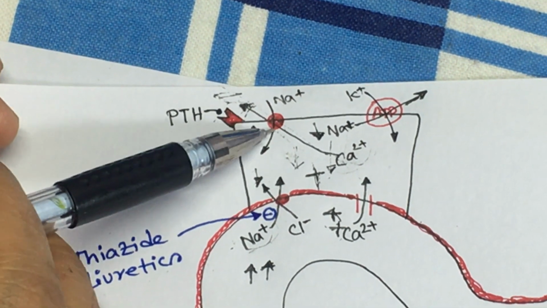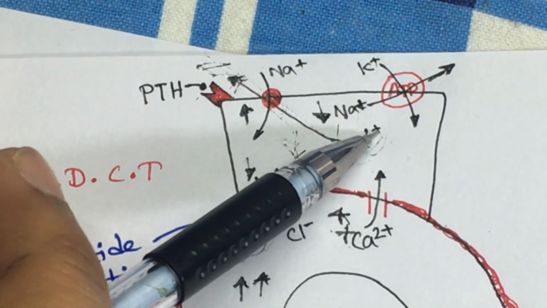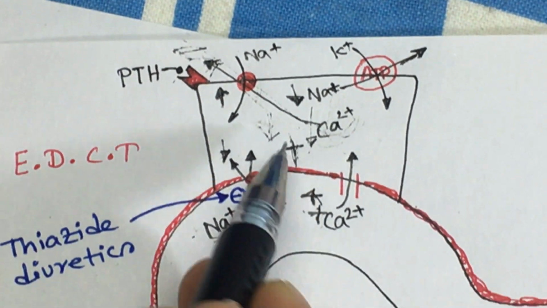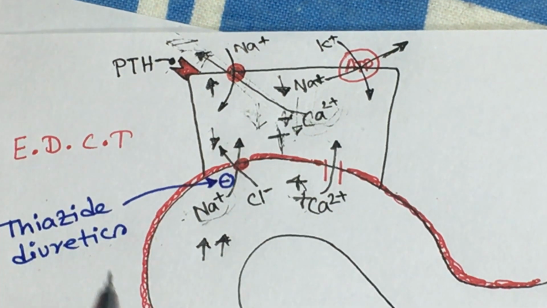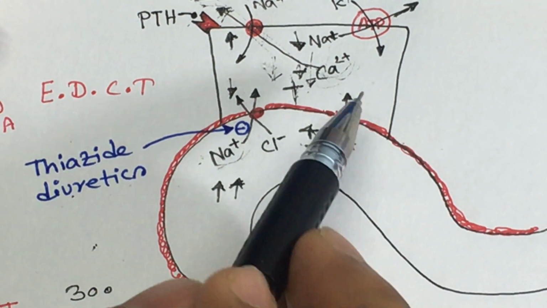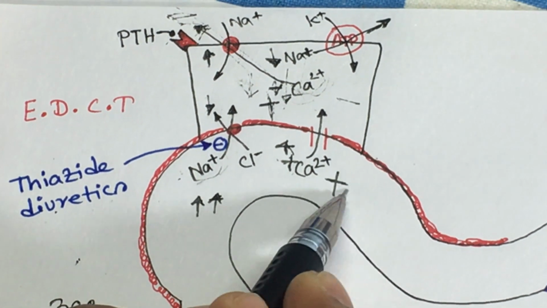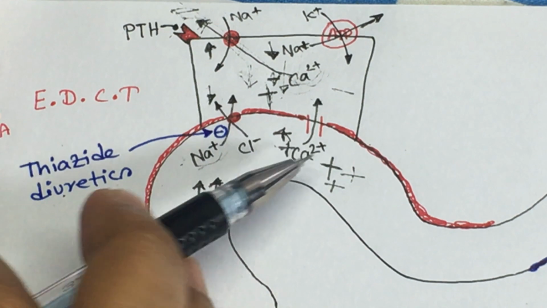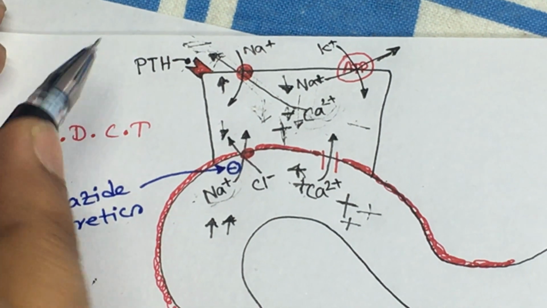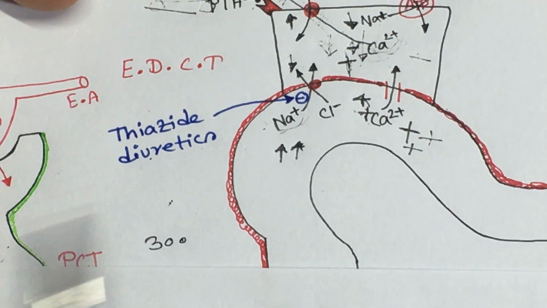Its function is to kick calcium out of the cell into the blood, so intracellular calcium level will be decreased by this drug. The concentration gradient between the intracellular area and the luminal area will increase. From the high concentration area, the luminal area, calcium will go into the cell, and then from the cell calcium will be reabsorbed into the blood. This is how thiazides increase calcium reabsorption.